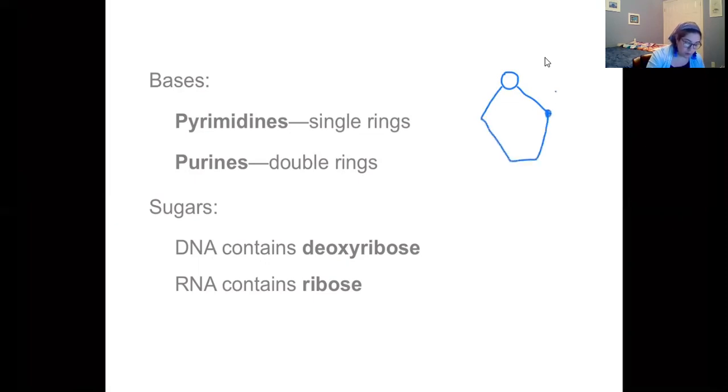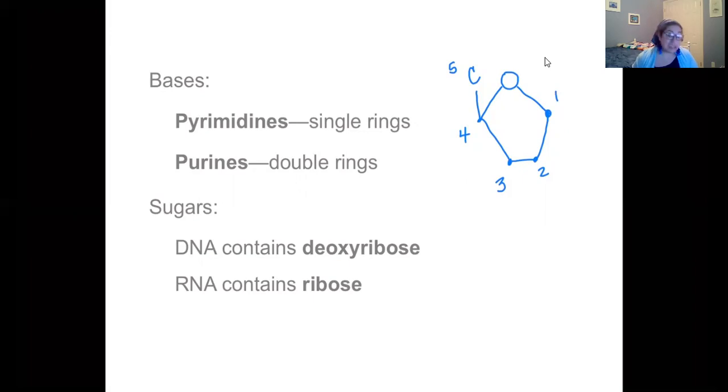So this here is carbon number 1, number 2, number 3, number 4, and then here's carbon number 5. So the difference between deoxyribose and ribose is the presence of a hydroxyl group. And that hydroxyl group is specifically at carbon number 2.